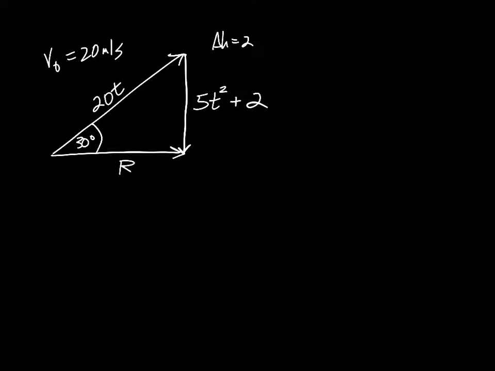So here's some projectile starting at 20 meters per second, flying for some amount of time, landing 2 meters, or 2 whatevers. If we're going to have meters per second for speed, then this needs to be 2 meters displacement, or some number of meters.